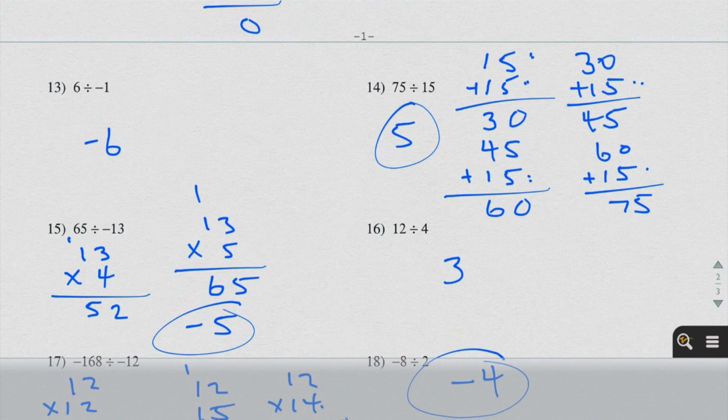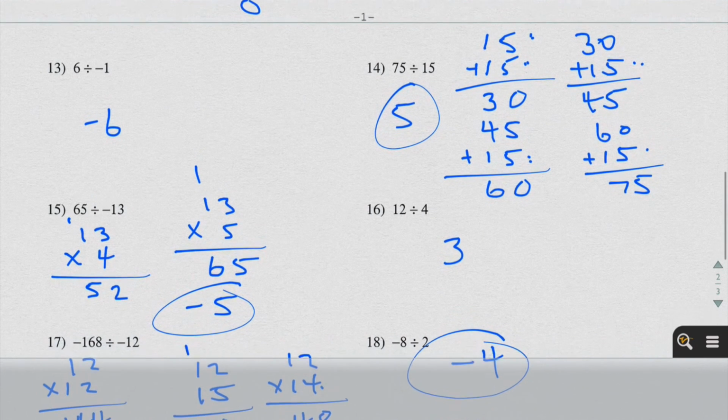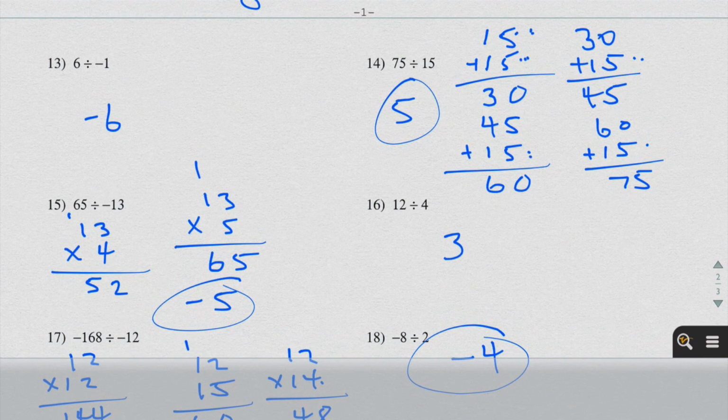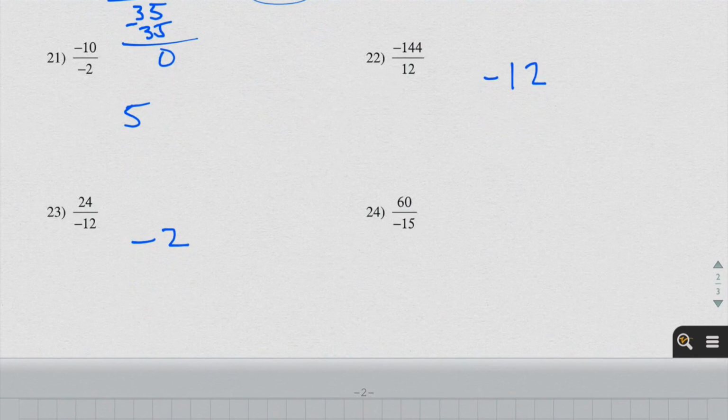So again, just count all the 15s. That's what we need to multiply 15 by to get to 60. So we get 1, 2, 3, 4. So 60 divided by 15 is 4. Positive divided by a negative is a negative. And this video was dividing integers.